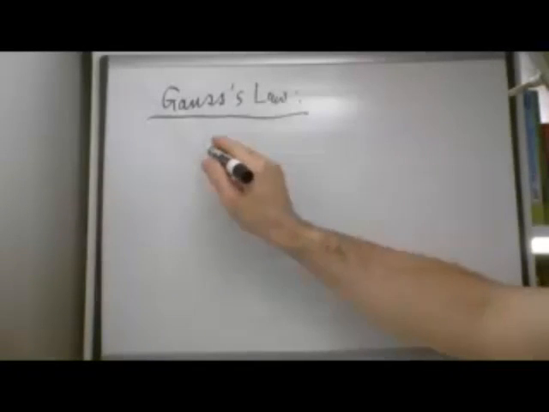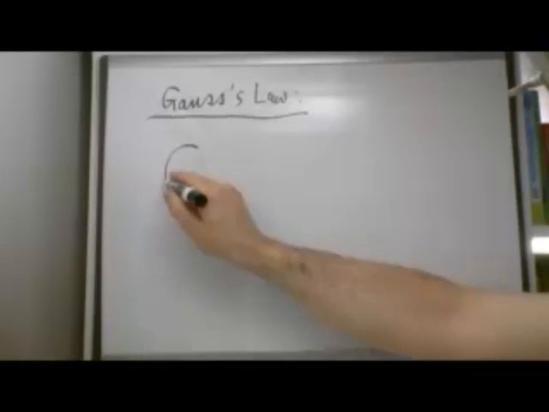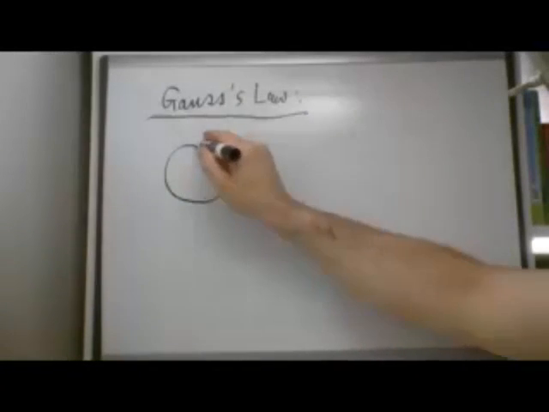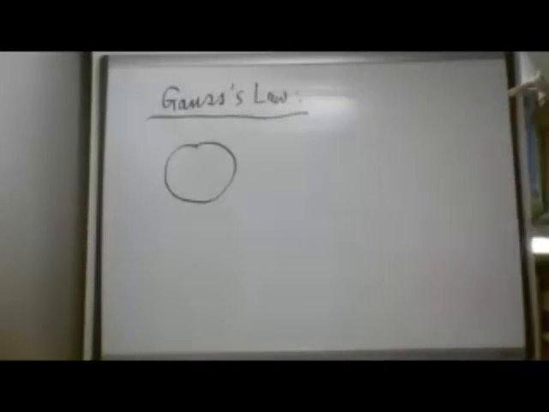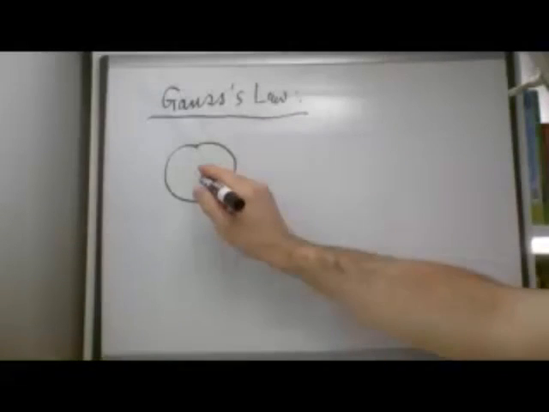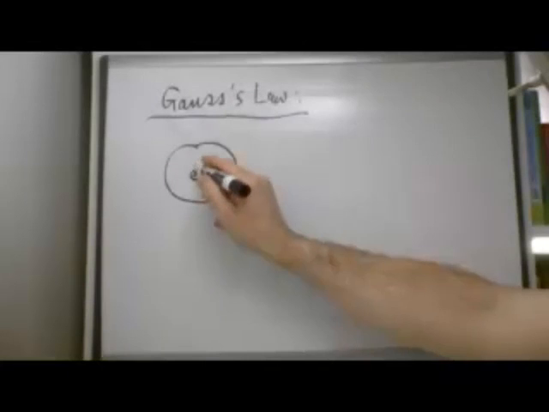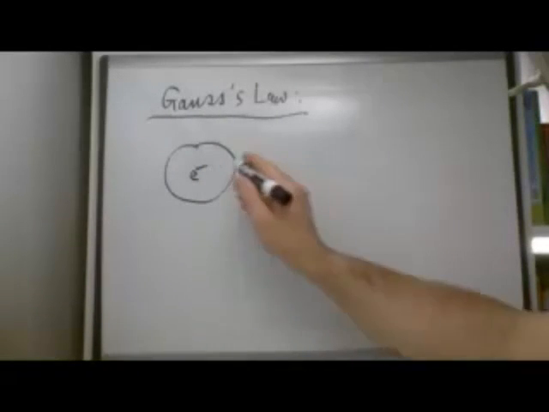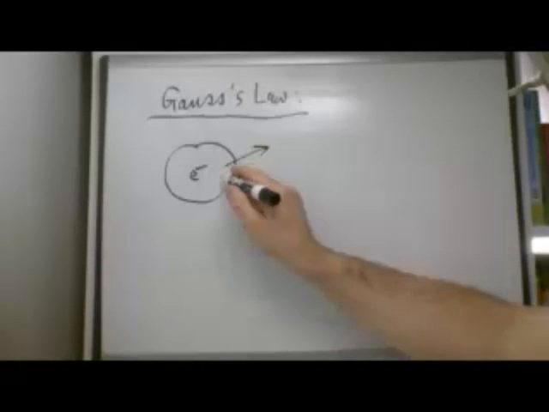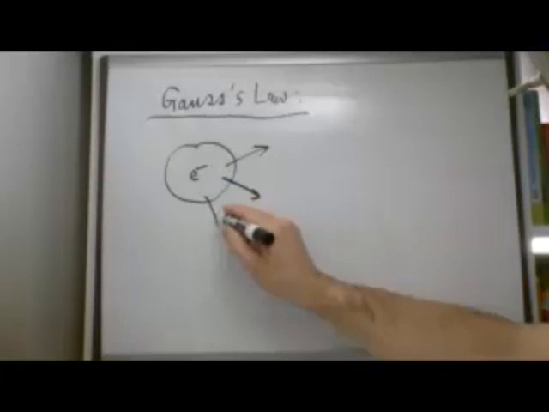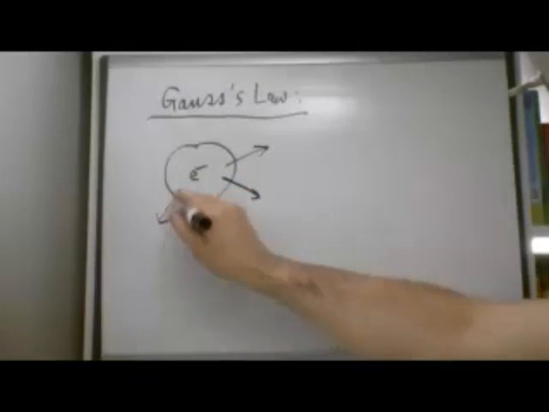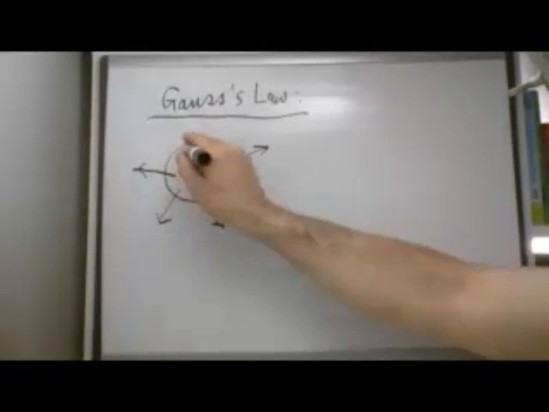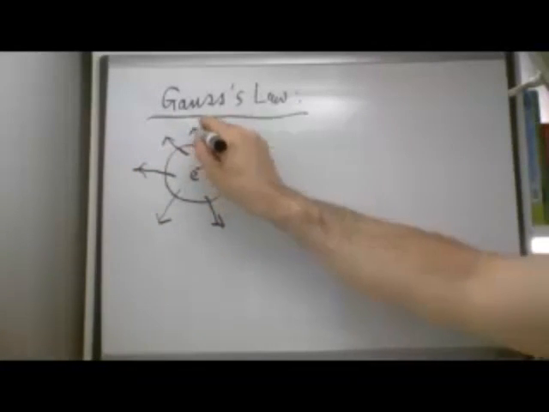So in short, if we have a cavity, not to be confused with a bubble, but a cavity, and if we put a charge, let's say an electron, which has a negative charge, inside that cavity, there will be a flux of field, an electric field will flux out of that cavity in every direction.